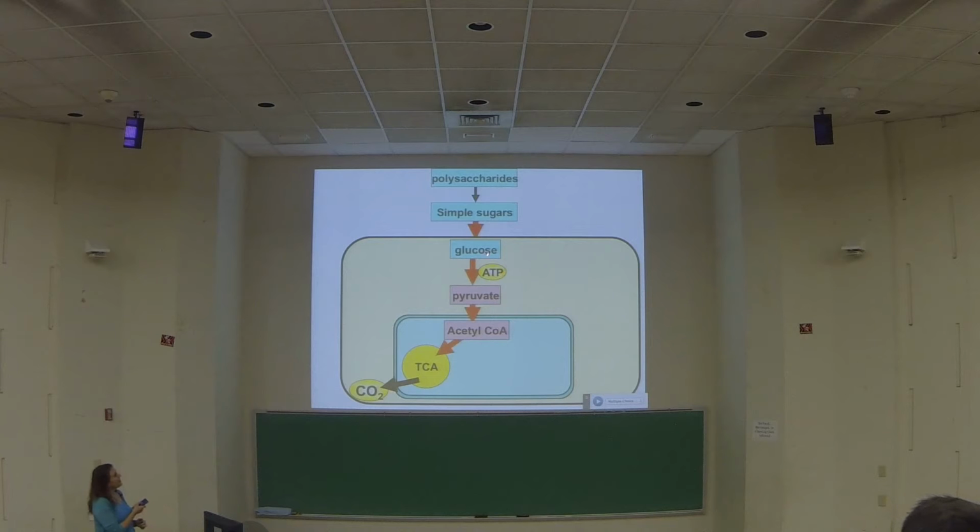We've got glucose in the cell. We've taken it through glycolysis to pyruvate and generated some ATP and NADH along the way. Now we're going to take pyruvate into the mitochondria, where it undergoes oxidation to acetyl-CoA. That acetyl-CoA is going to go into the tricarboxylic acid cycle, and it's going to be oxidized to CO2.